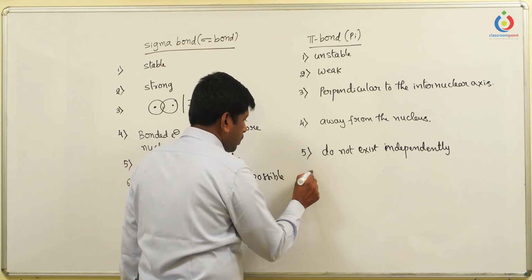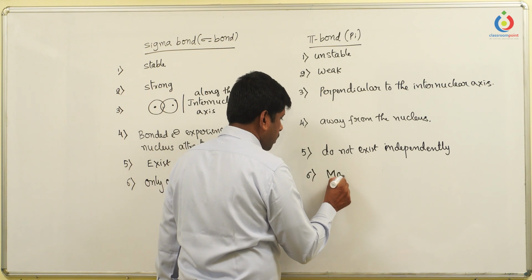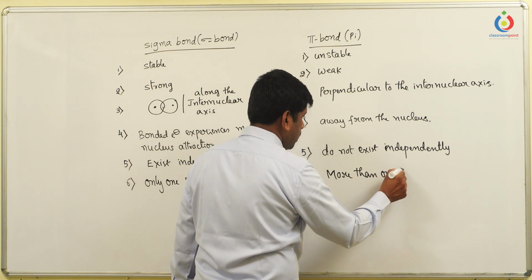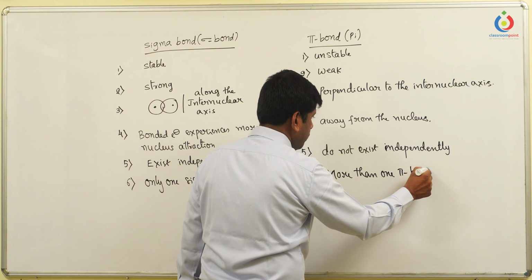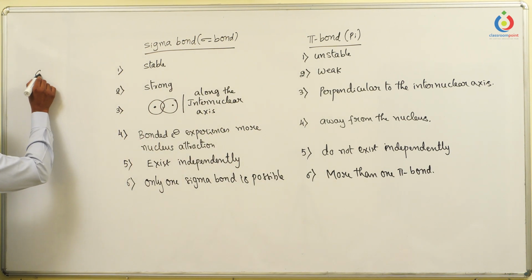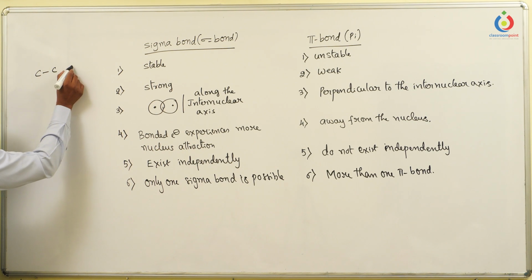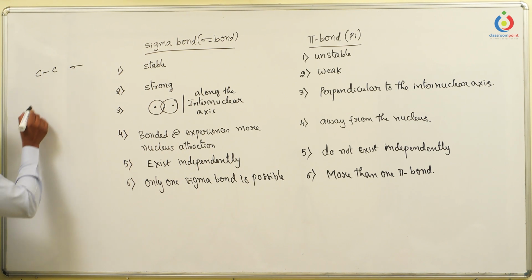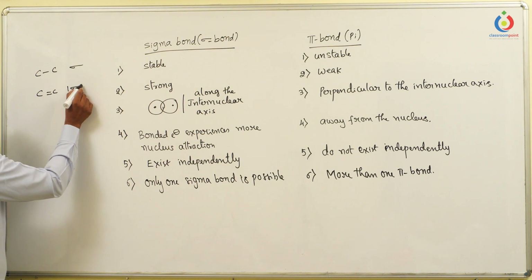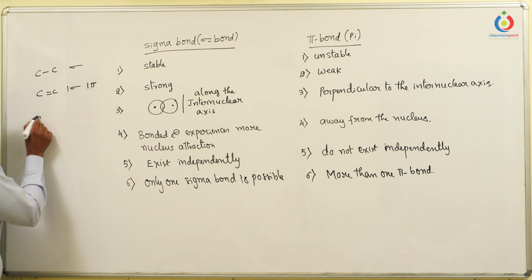But what about this one? More than one pi bond is possible between any two bonded atoms. Let us take an example. Carbon-carbon single bond means the single bond is always a sigma bond. Carbon-carbon double bond means one is sigma, one is pi bond.